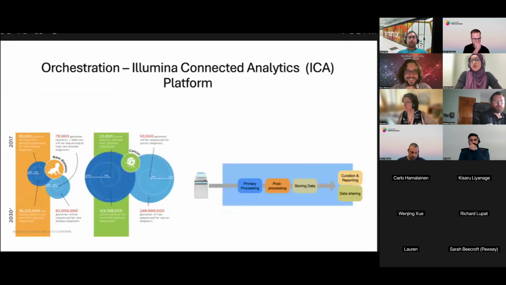At the end, after you have decided what workflow language and framework you want to use, in my opinion, the bigger question is the scalability and portability of the analysis. With genomics, we know that by 2030, we are expecting that all over the world, we will have probably 250 million genomes sequenced.